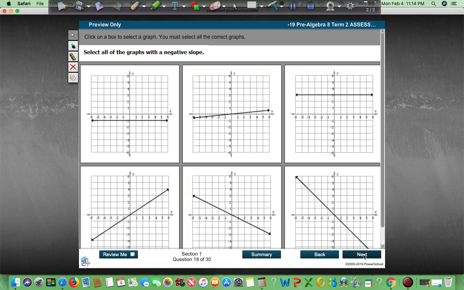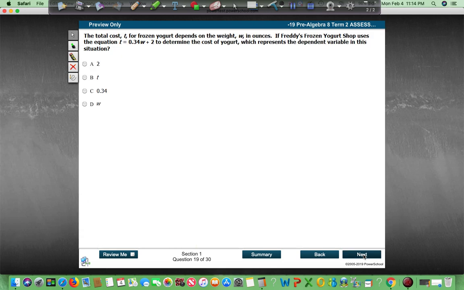Question 18. Click on a box to select a graph. You must select all the correct graphs. Select all of the graphs with a negative slope. Question 19.